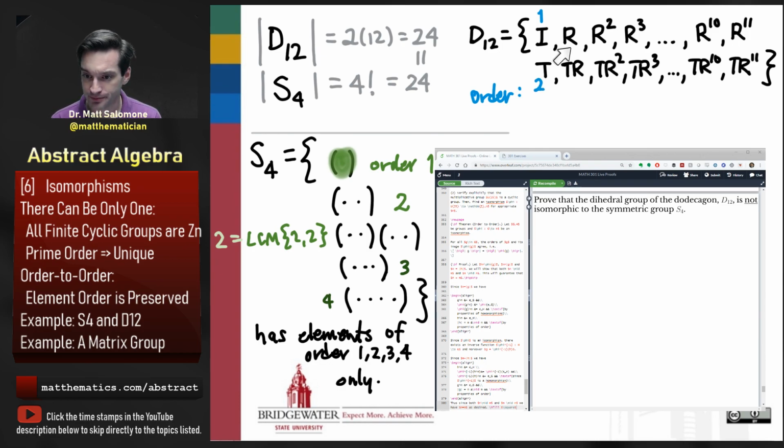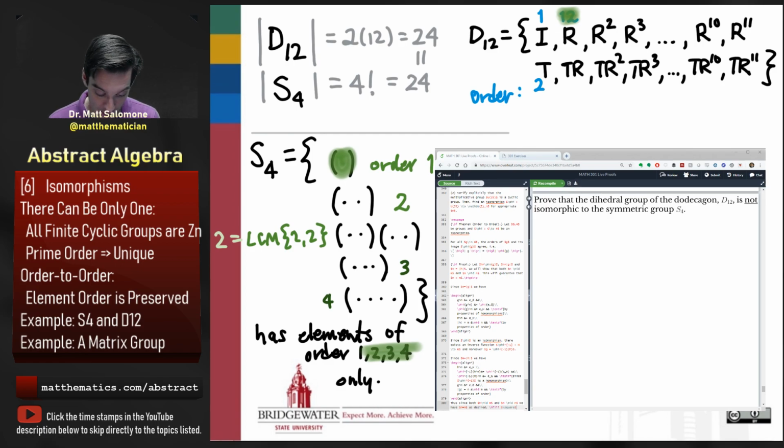What about the rotation? The 30-degree rotation of a dodecagon. What is its order in D12? Well, as I mentioned a while ago, we have to do that rotation 12 times before it comes back around to the identity. And so there's an element of order 12. It generates a cyclic subgroup of order 12 inside of D12. And immediately, we should stop, because we have found an example of a number, 12, which arises as the order of an element in D12, but not as the order of an element in S4.